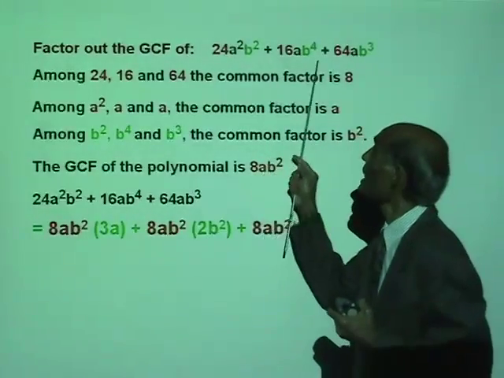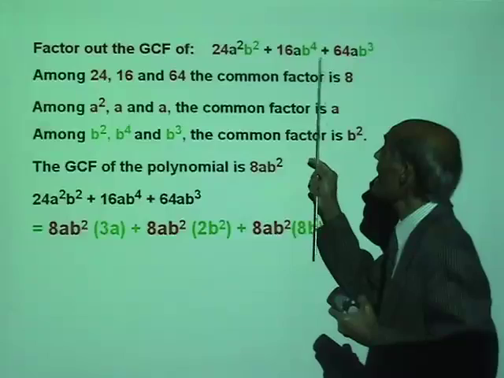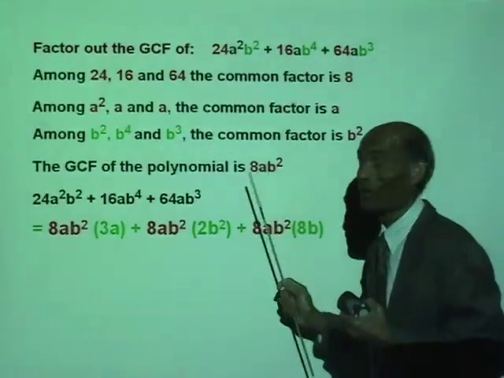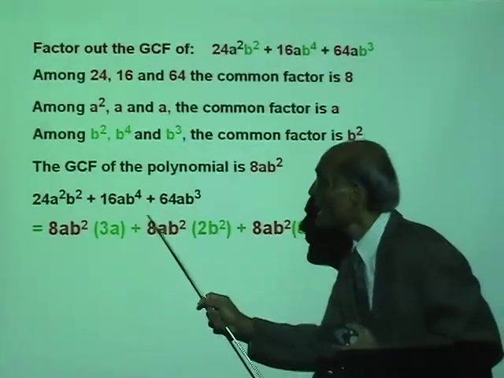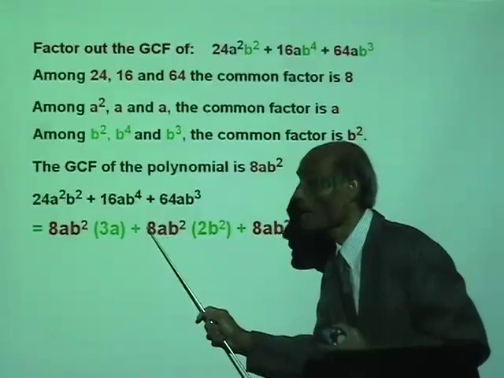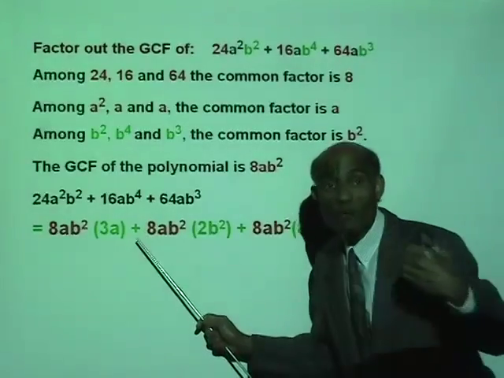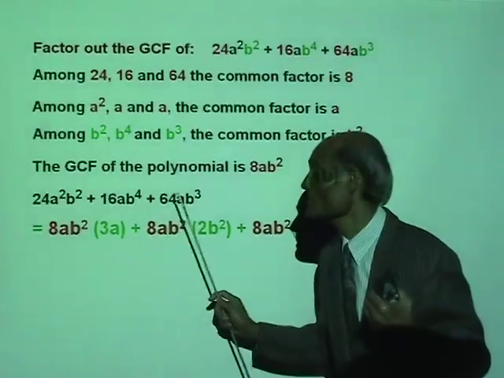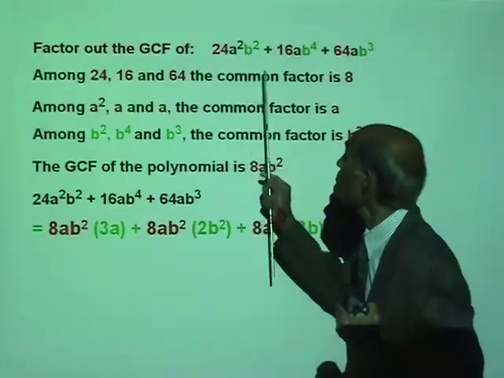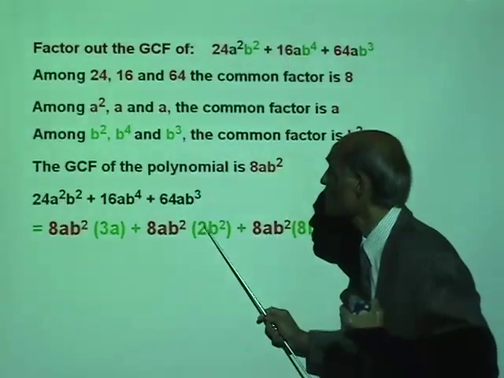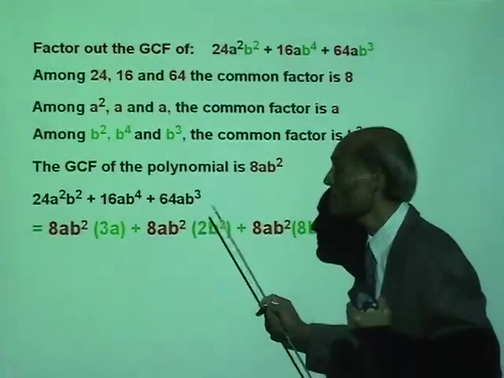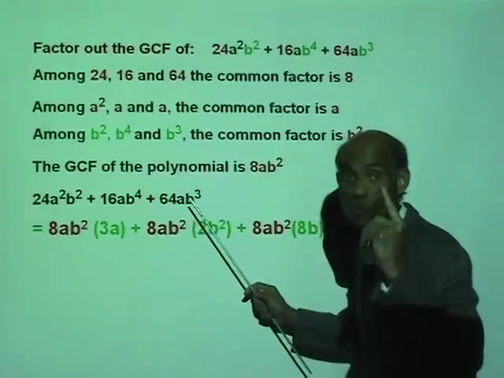Let's go to the second term. 16ab to the 4. Now, 8ab squared is taken out from there. What is left? Look at this. 8 times 2 is 16. So that 2 is remaining. A times 1 is a.